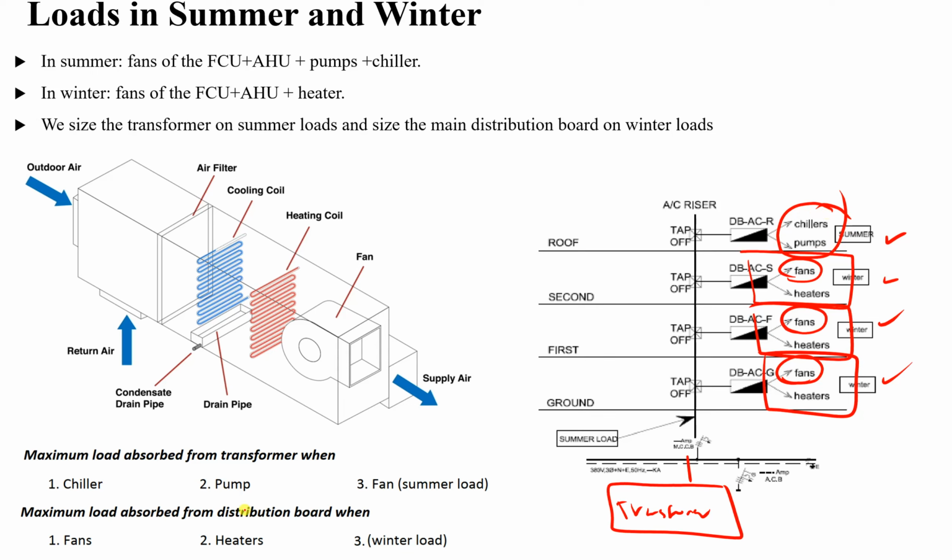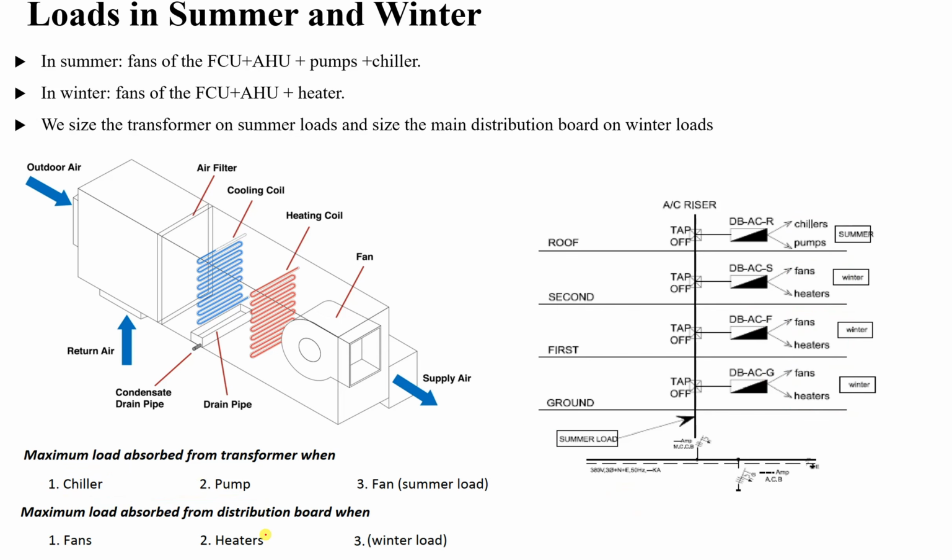So you will find that the chiller and the pumps are the largest load in the system, pretty much larger than fans and heaters together. That's why when I design my electrical transformer, I design it based on the largest load, which is during summer, when we have chillers and pumps in addition to the fans. This load is much larger than fans and heaters only. Okay, this is the criteria on which we design our electrical system.